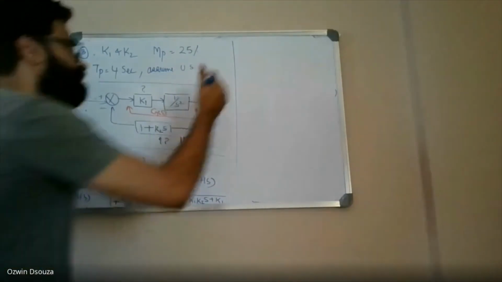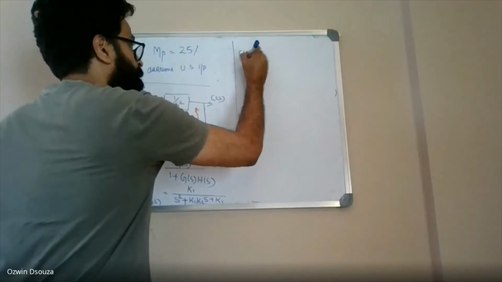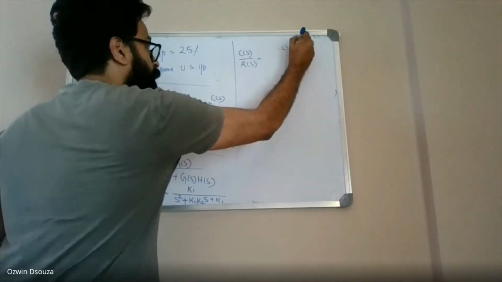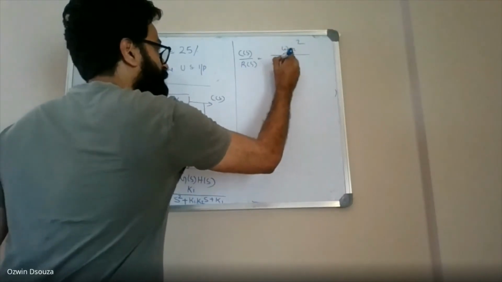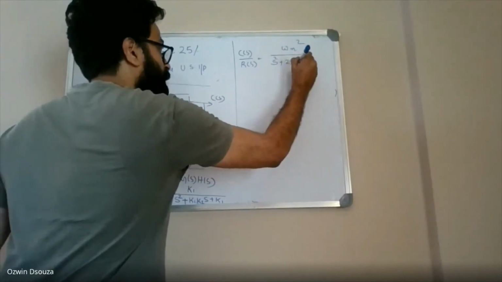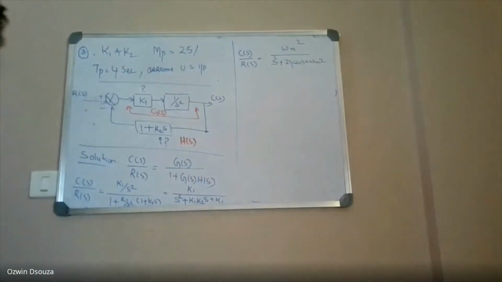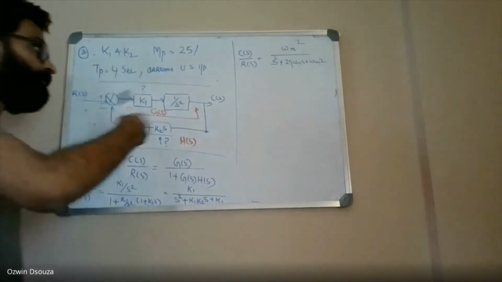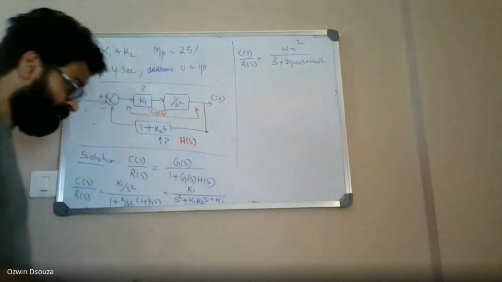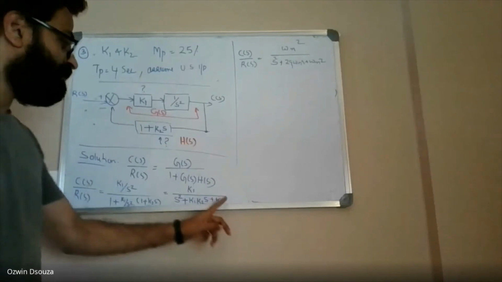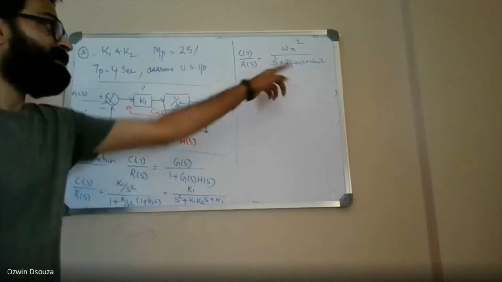Now compare this transfer function with the standard form: C of s by r of s is equal to omega n square divided by s square plus 2 zeta omega n s plus omega n square. When you compare, first you check whether the given system description is in standard form or not.